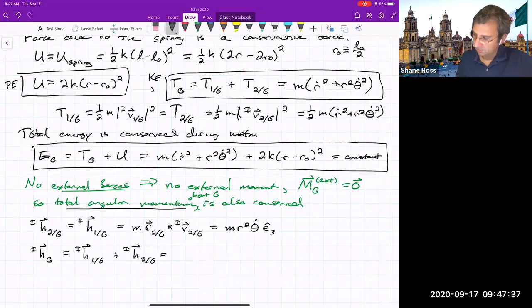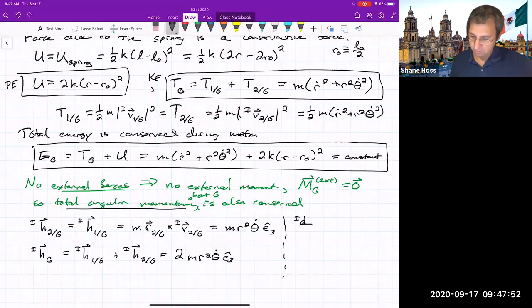And that is 2 m r squared theta dot E3. All right. And in general, the equation of motion for this total angular momentum: the time rate of change of the total angular momentum would be equal to the moment due to external forces.